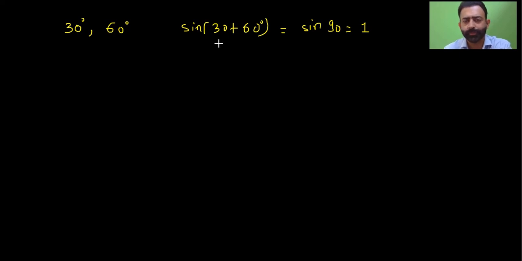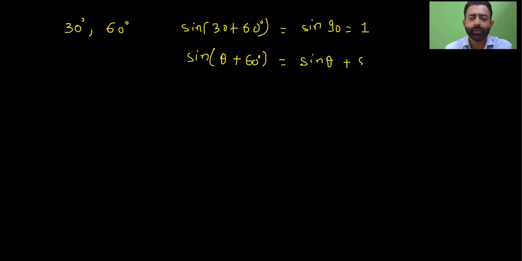This is for sure. But it is very tempting, if in case we do not know the 30 and in place of 30 we have been given just an angle theta. If it is written like sine of theta plus 60, it is very tempting that we multiply this sine with first theta and then with 60 degrees.